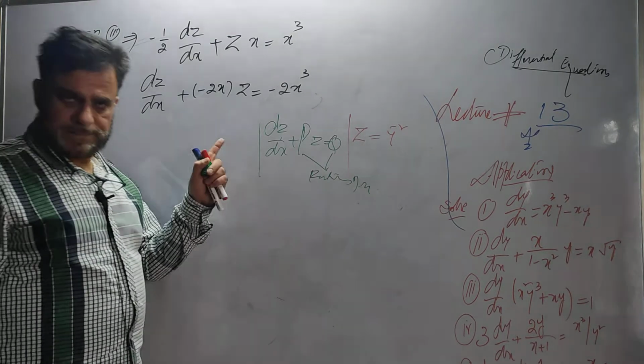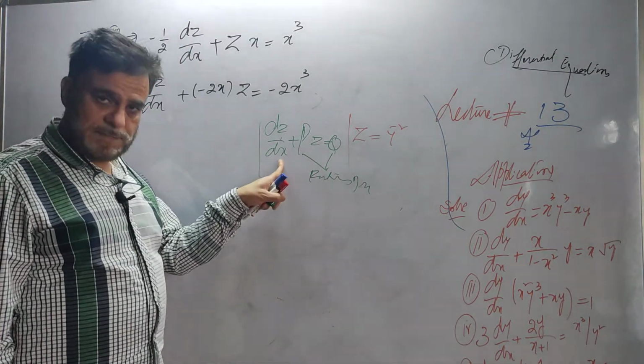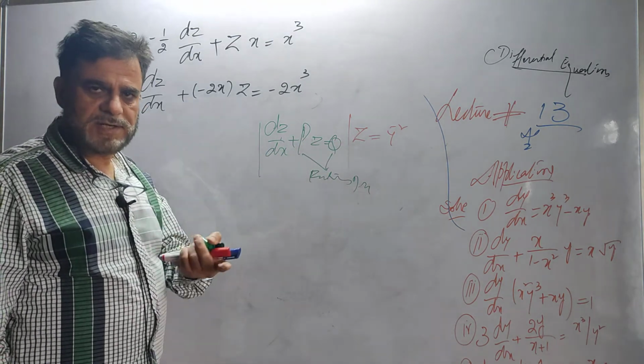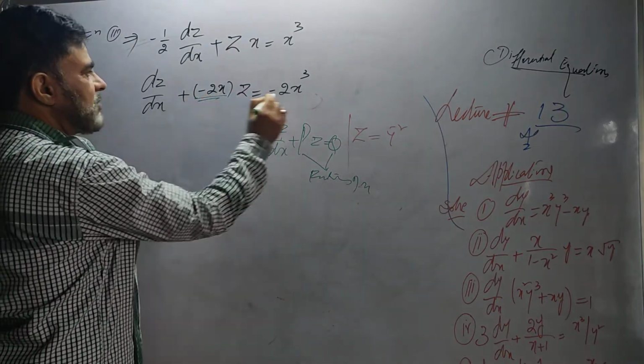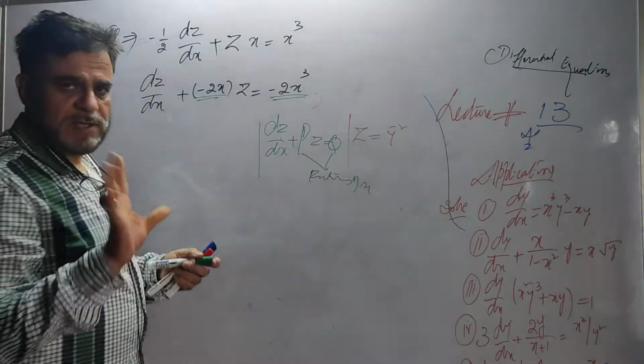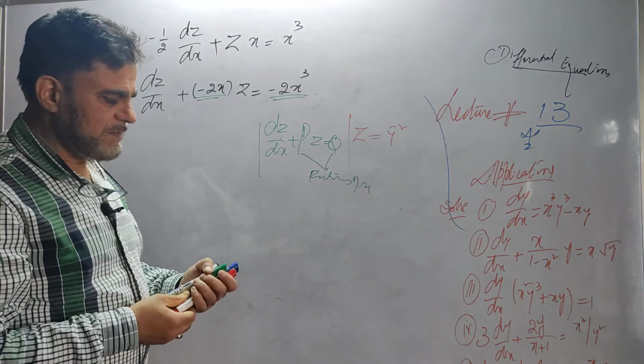The dependent variable is z, the independent variable is x, and p and q should be functions of x or constants. This is your p, this is your q. So it is the linear differential equation of standard form.